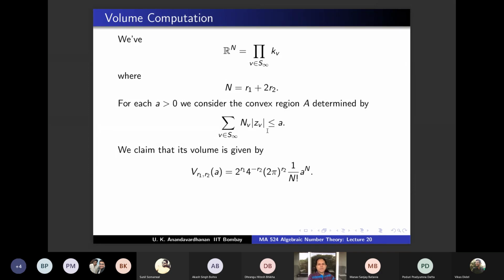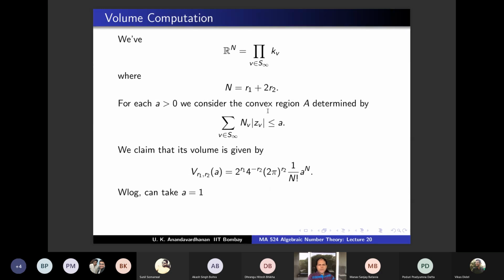If A is a positive number, and you take this convex region, then its volume is denoted by V_{r1,r2}(A), and it is given explicitly by this formula: 2 to the power r1, 4 to the power minus r2, pi to the power r2, 1 by n factorial, A to the power n. This is the claim, and this is not difficult. It's a simple integration. Without loss of generality, we can take A to be 1.